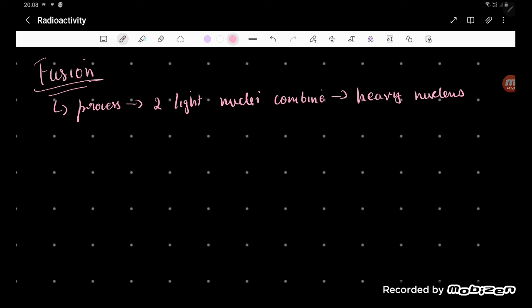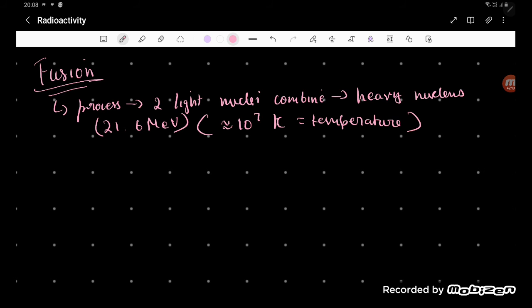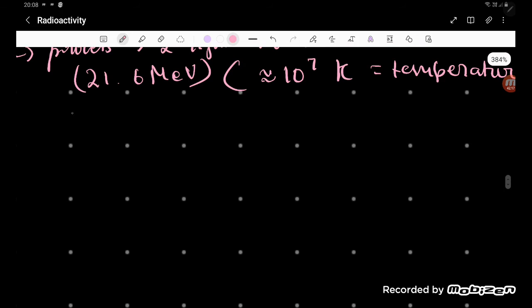Something to remember is that this is somewhere around 21.6 mega electron volts on average. And approximately 10 to the power 7 Kelvin temperature is required for this to occur. So let's talk about equations.